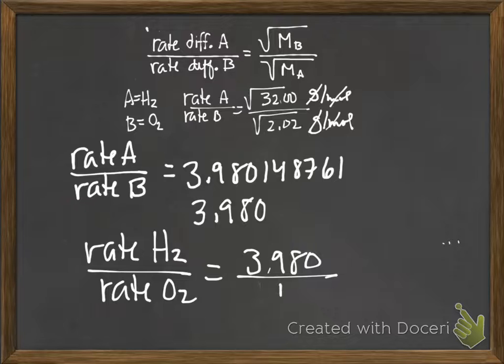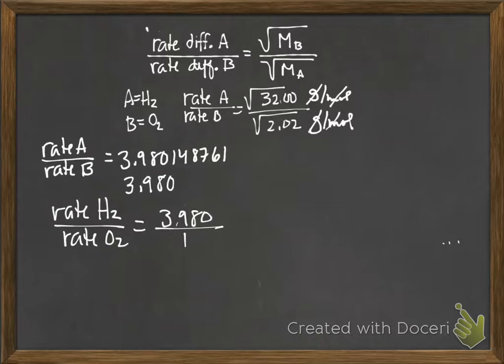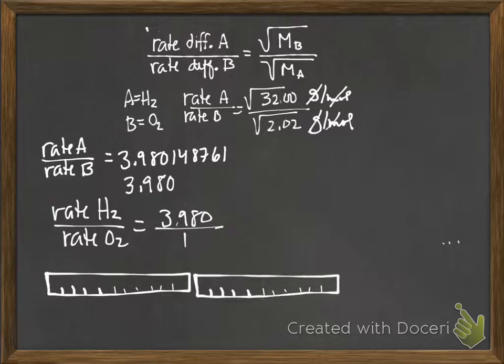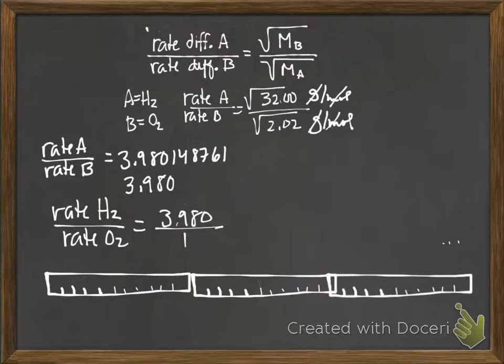So if we were to take a long sort of meter stick kind of apparatus and set a couple of them end to end, I'm going to run out of space.